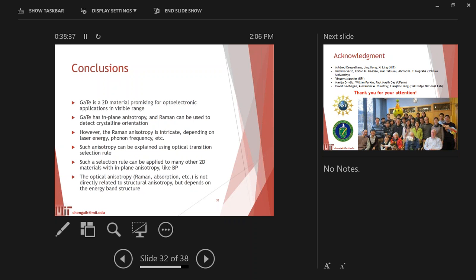However, this Raman anisotropy can be quite intricate. So it depends on the laser wavelength, the phonon frequency, and maybe also thickness. So this anisotropy can be explained using the optical transition selection rule. And actually, this optical transition selection rule is universal for almost all the 2D materials with in-plane anisotropy.